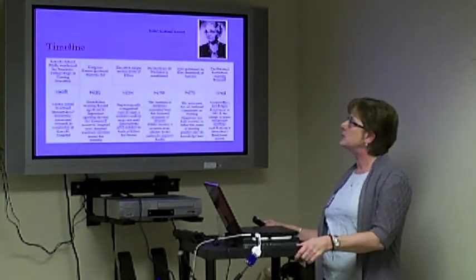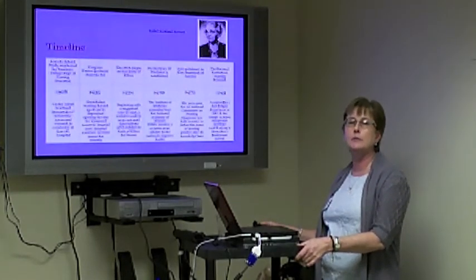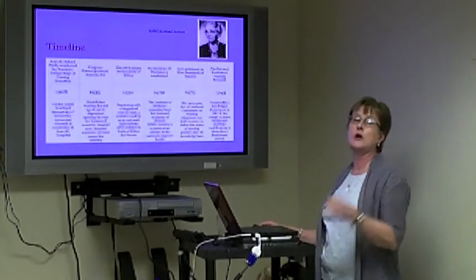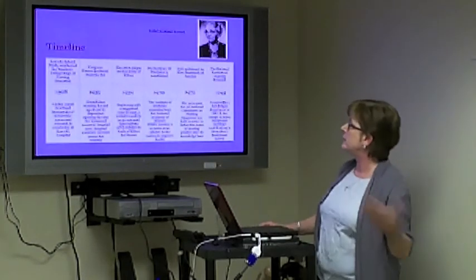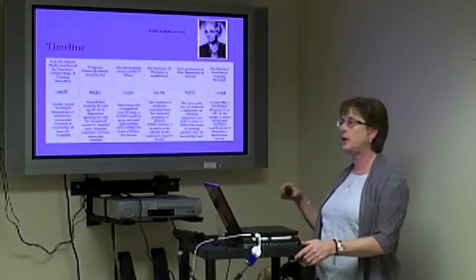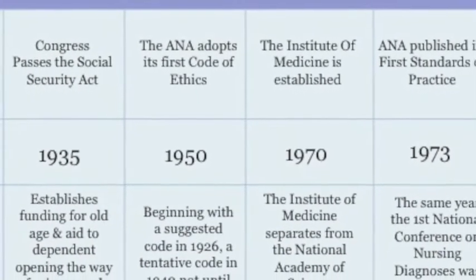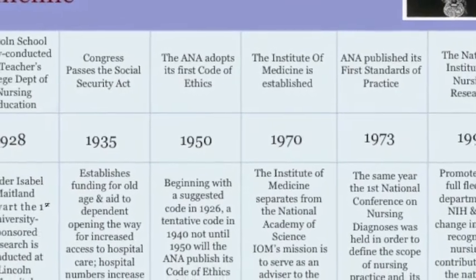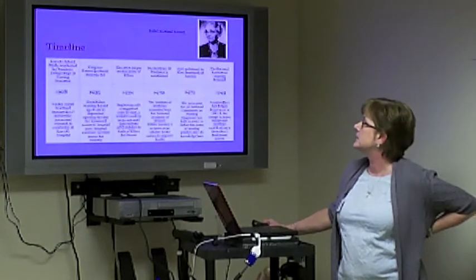when the Social Security Act was passed, it released more funds for people to have during their old age or if they had dependency needs. This allowed for a greater number of people to have the financial means to be admitted to hospitals, because at the same point in time, paralleling this, medicine was coming up with its advances.